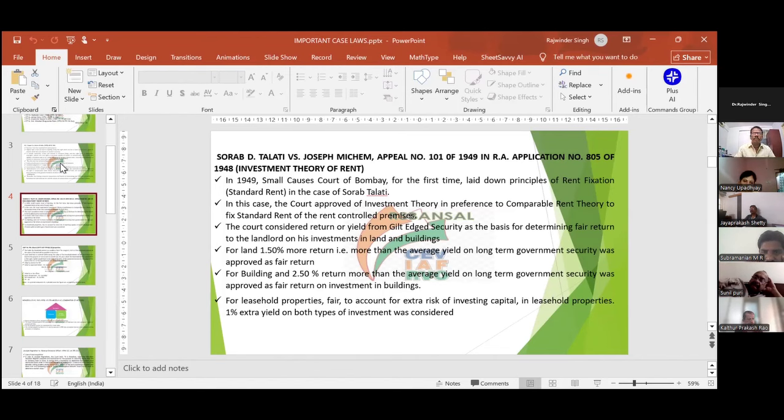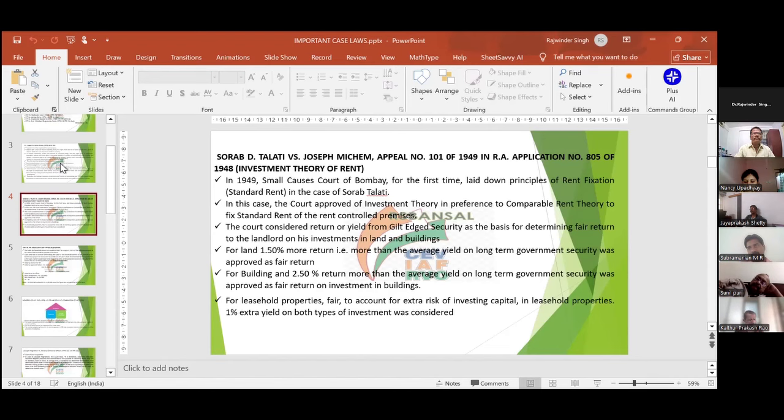To fix standard rent of rent controlled properties, the court considered return or yield from gilt as security as the basis for determining the fair rent to the landlord on his investment in land and building. So basically what was done for the first time was that gilt as securities was considered as a basis.